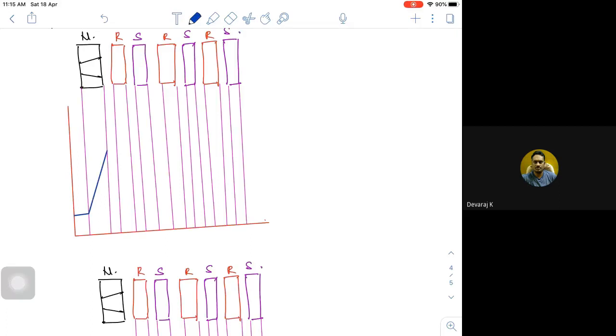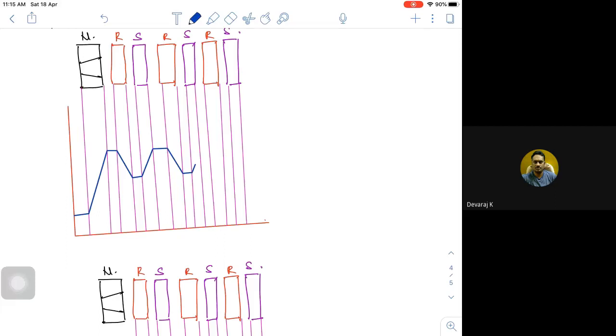Then in between it remains constant. Then in the expansion in the rotor, it comes to a particular value. Then it remains constant. Then in the corresponding stator, it goes to the same value. Then in the gap, it remains the same.